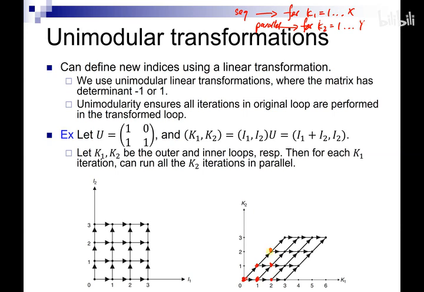They only depend on the stuff from K1 equals 1. So all the K1 equals 2 stuff only depends on stuff from K1 equals 1. Therefore we can parallelize across this.